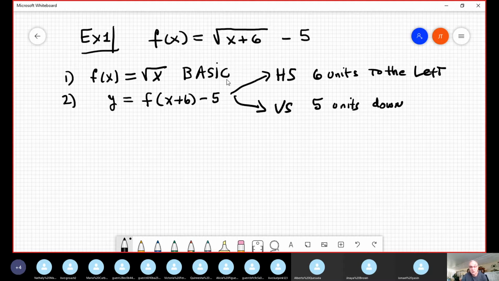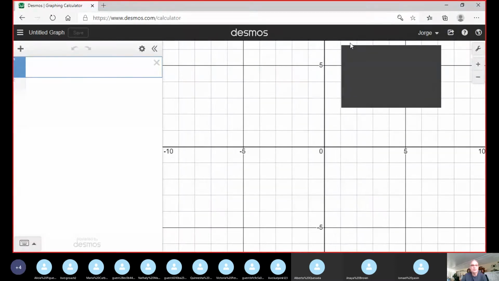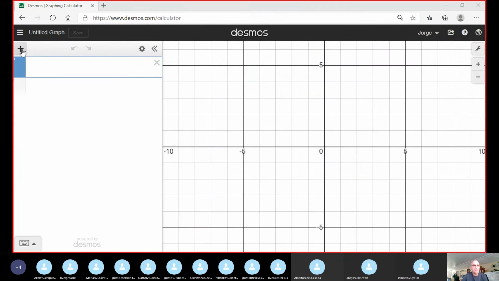No, not by hand. Let's do it using Desmos. Let me open a new folder and save that. New and blank. Okay, super. Let me call this Example 1.